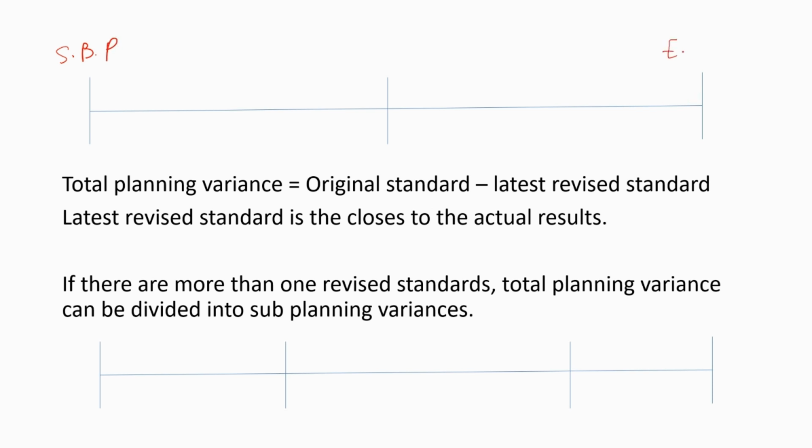So, this is the start of the budgetary period, this is the end of the budgetary period, and this is during the budgetary period. So this is the original standard, this is the revised standard, and this is the actual results. The planning variances occur between the original standard and the revised standard.